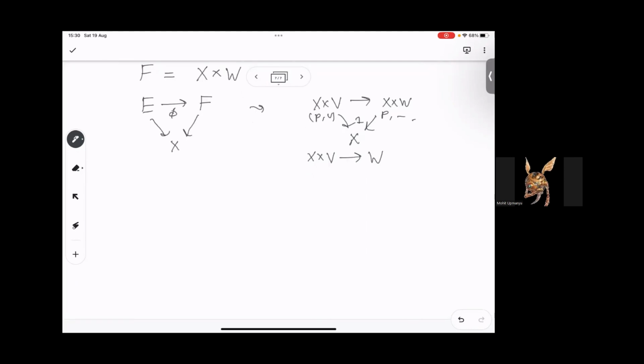So it's enough to give a function like this. And once we get a function like this, since we also know it's fiber-wise linear, I can then say that this is the same as giving a function from X to Hom(V, W). If I'm giving a function like this, call it phi, this gave us something intermediate, let's call that phi tilde, then we get something called phi star, right?